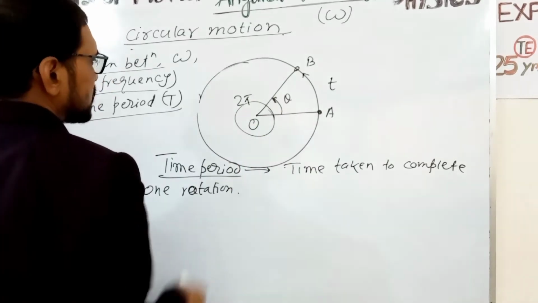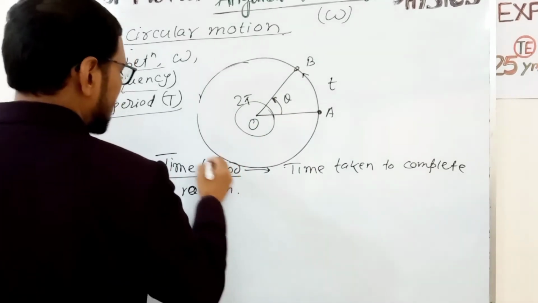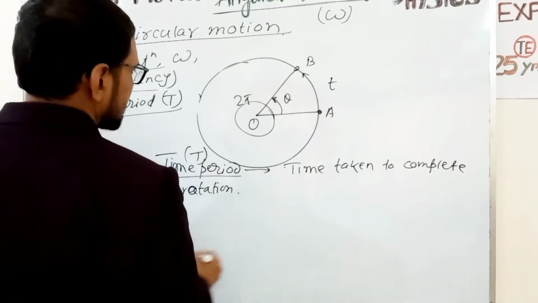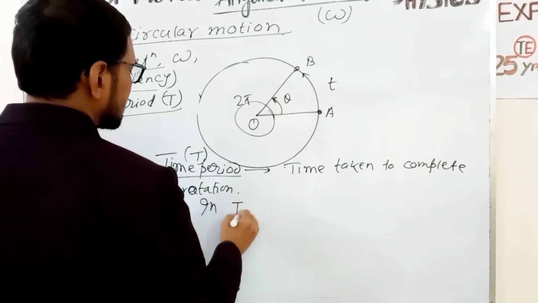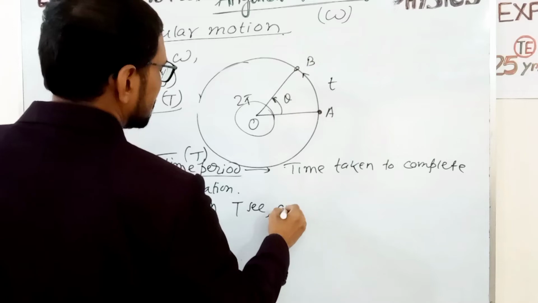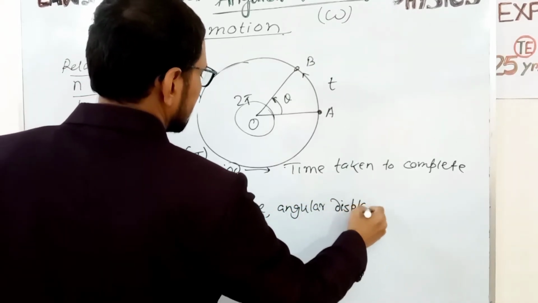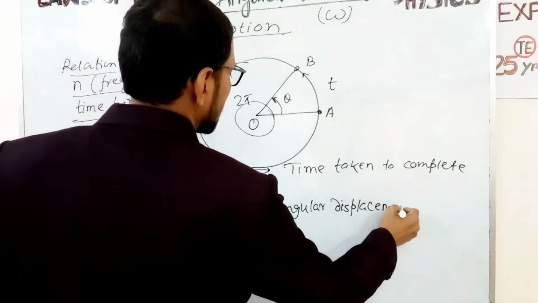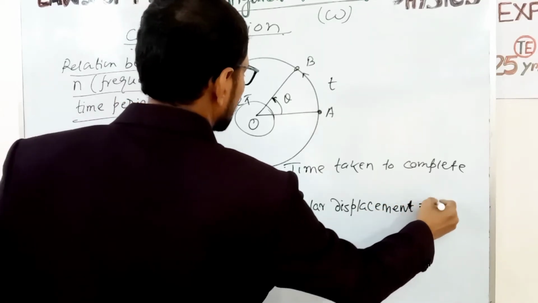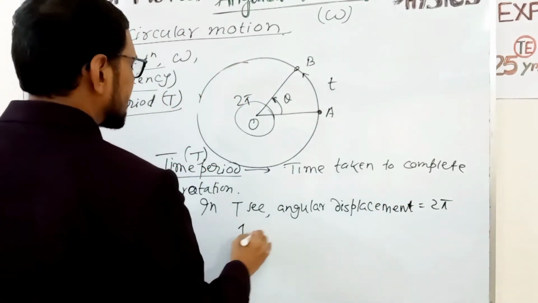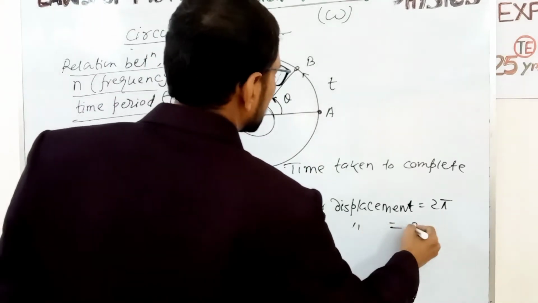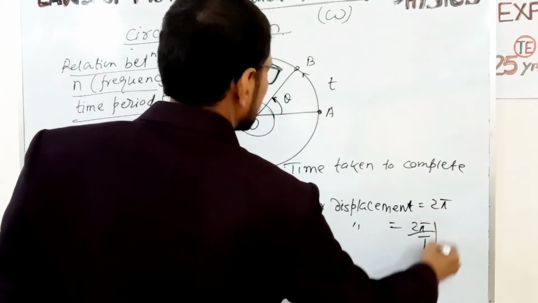In one rotation the angle produced is 2 pi. So if the time period is t, then in t seconds the angular displacement equals 2 pi. So in 1 second, the angular displacement equals 2 pi by t.